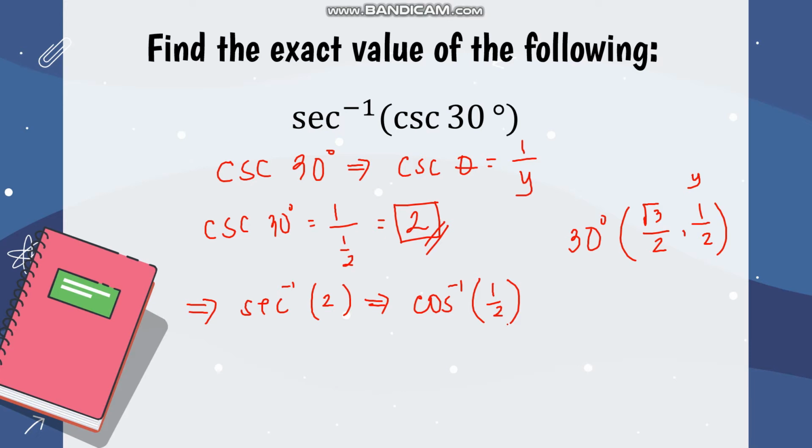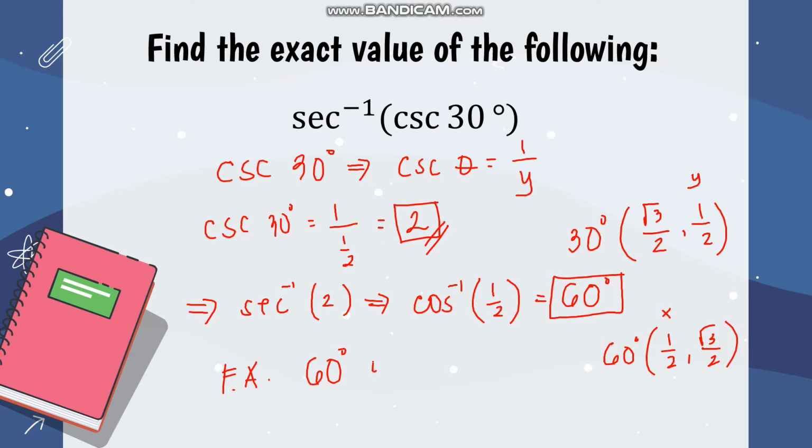That is 60 degrees, because its trigonometric points are 1/2 and square root of 3 over 2. And since we just need the cosine, we are considering the x coordinate. Therefore, our final answer is 60 degrees, or in radian, pi over 3. So this is now the value of our trigonometric expression.